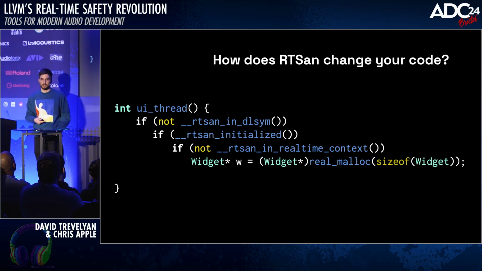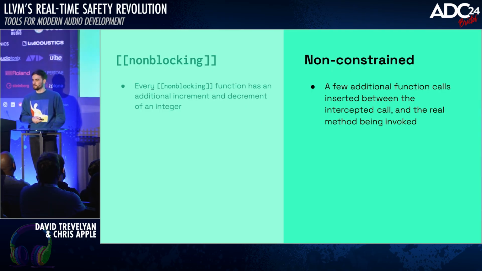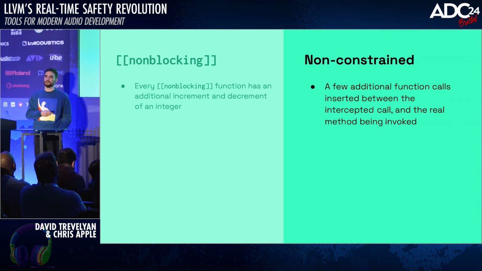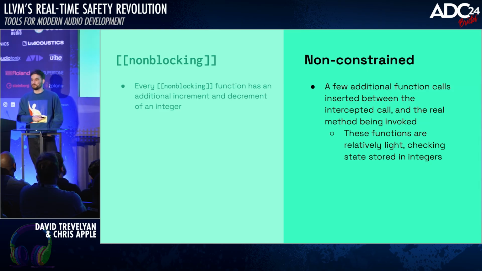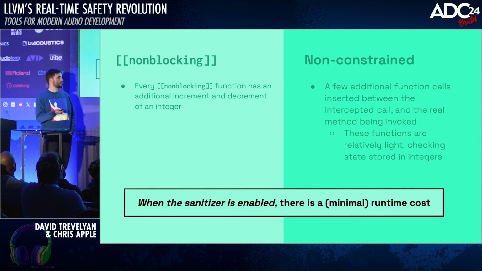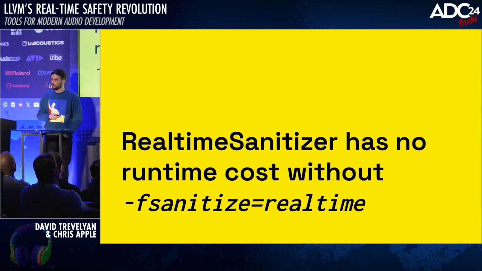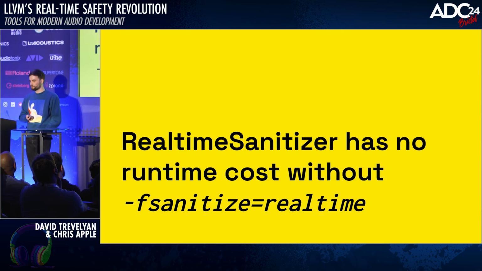We have to check that we're initialized properly. But that's pretty much it, right? All we're doing is a few additional function calls that just check some state in integers. So yeah, when the sanitizer is enabled, there's a minimal runtime cost. And just to be very clear, when you don't have the sanitizer enabled, there's, of course, no runtime cost.